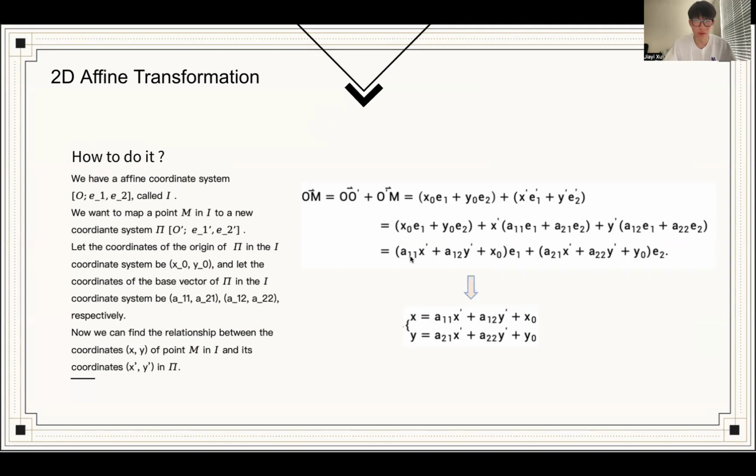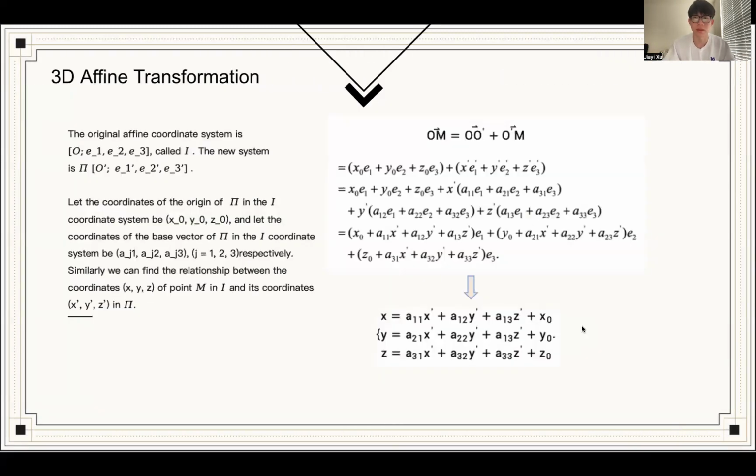As we can see, a11 and x new, a12, y new, x0 are all parameters about the new coordinate system pi. So now we can find the relationship between the two coordinate systems. The point x, y is the coordinates in the LOTA coordinate system, and the new x, y is the coordinates in the pi coordinate system. Everything here is known except the new x and y: two equations, two unknowns. This is a really simple math problem.